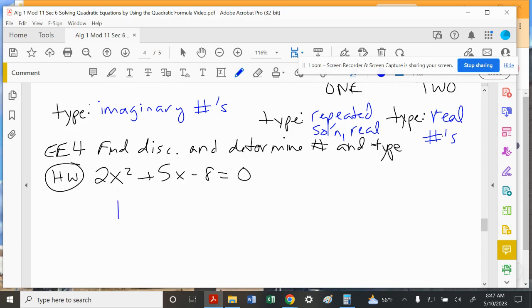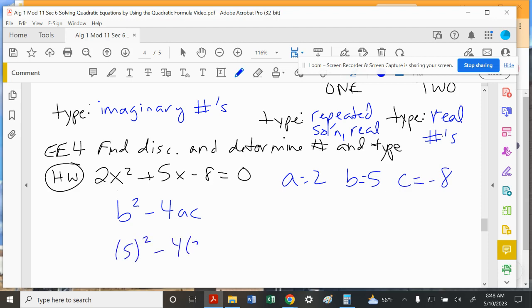We want to figure out the discriminant. We're not doing the entire quadratic formula, just this part of the quadratic formula. So we know that A equals 2, B equals 5, and C equals -8. We're going to plug those in. So we have 5 squared minus 4 times 2 times -8. That is 25 plus, because the negative and the two negatives in there, 4 times 2 is 8. 8 times 8 is 64, and our answer is 89.